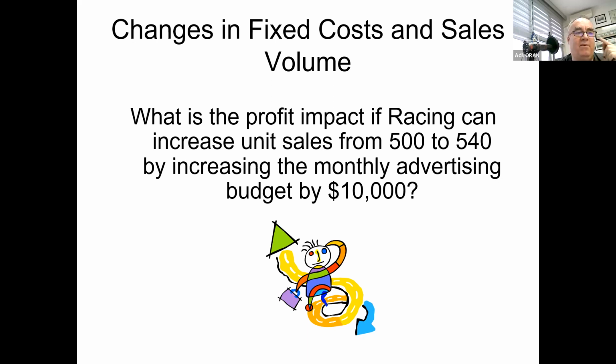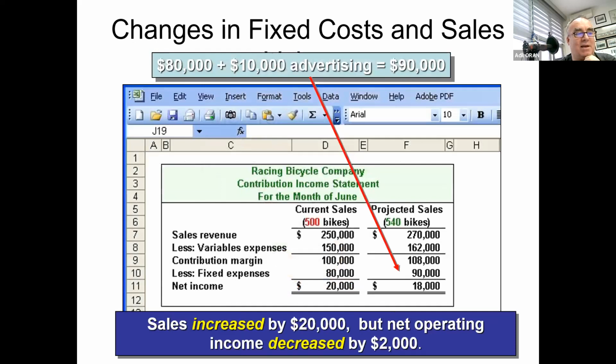Sales would go up by 40 times 500, but the variable cost is going to go up. So the contribution margin of 200 is that difference, and 40 at 200 contribution margin means that my contribution margin is going up by $8,000, but it's costing me $10,000. So this is going to reduce your profits actually, right?